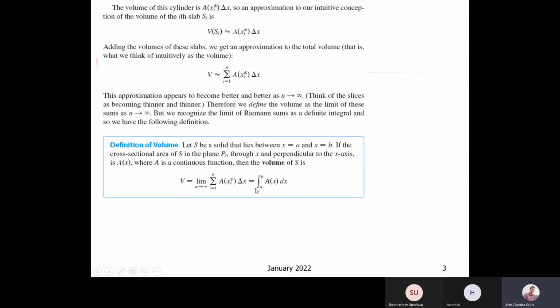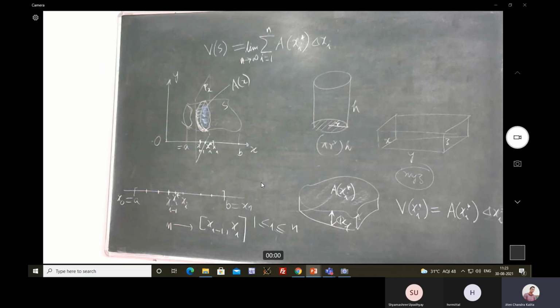Basically, you have to think about a slice which has area A of x, and then integrate that function A of x between a and b. That's it.